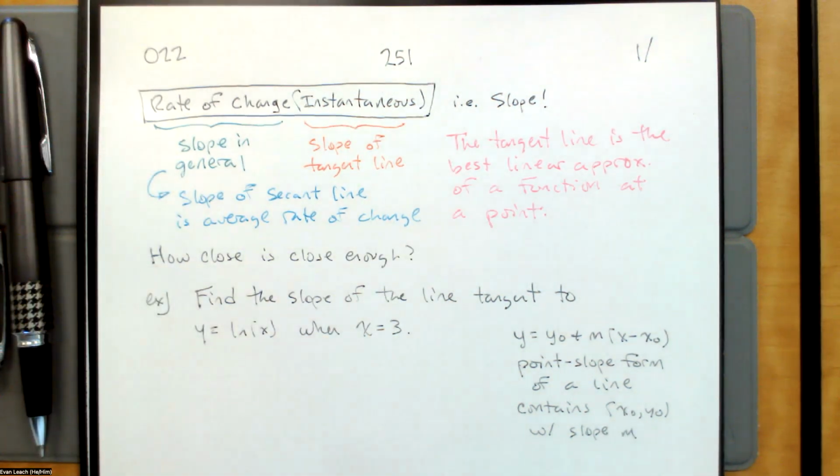So y equals y naught plus m times x minus x naught is the equation of a line containing the point x naught, y naught with slope m.